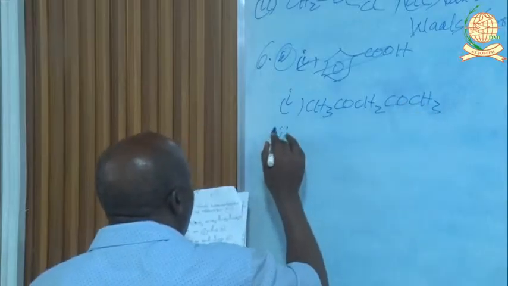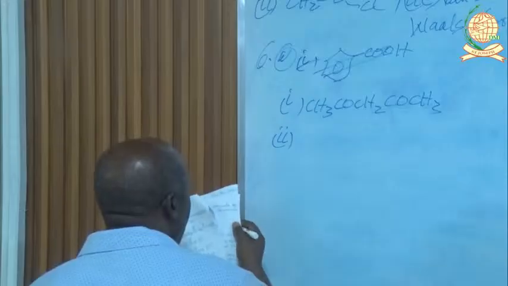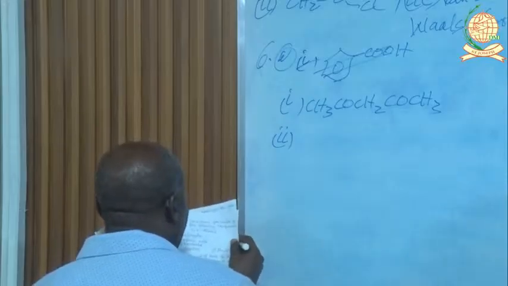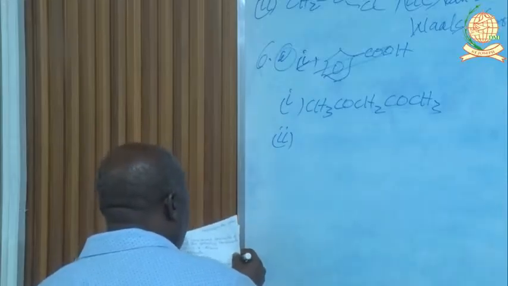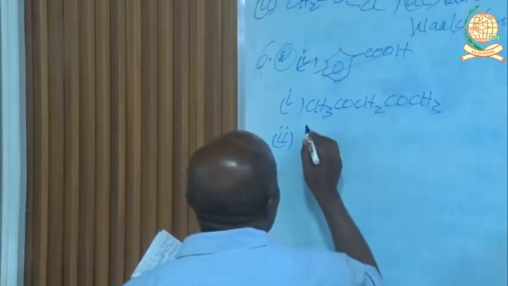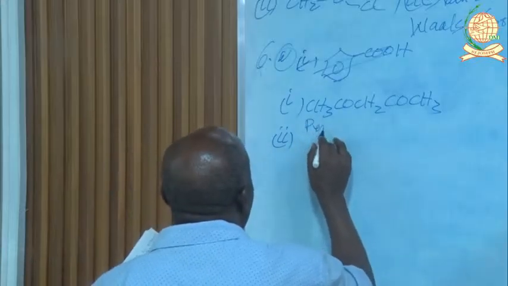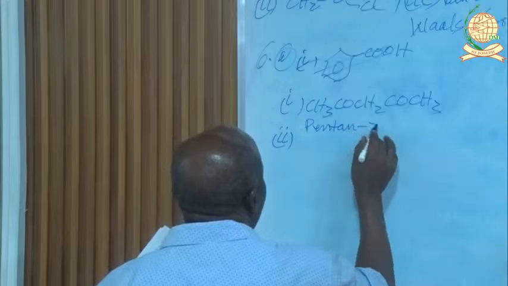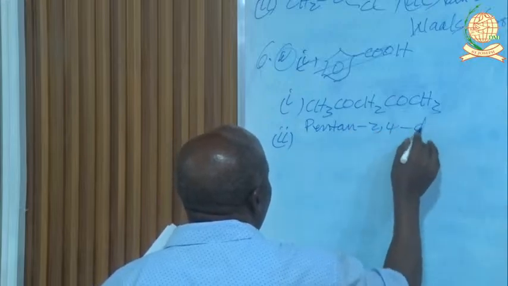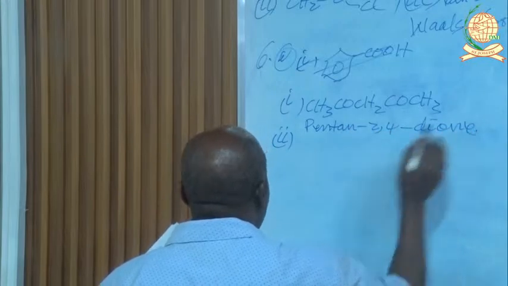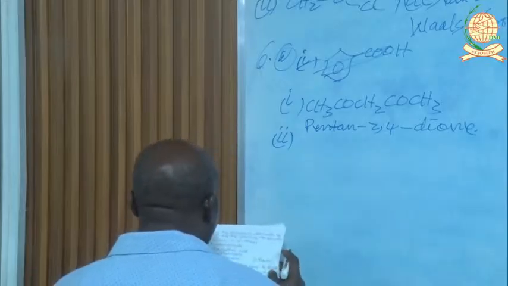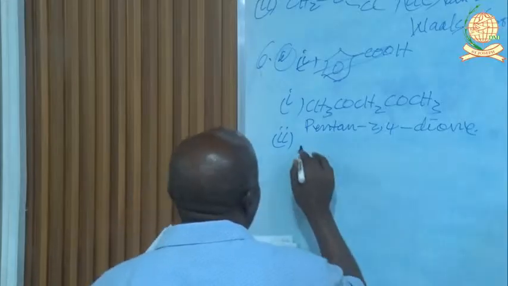Then Roman 2 is pentane-2,4-diol. Then Roman 2, benzaldehyde.